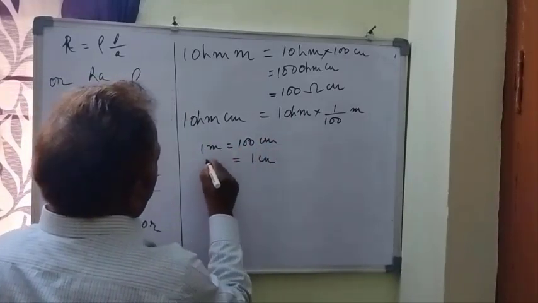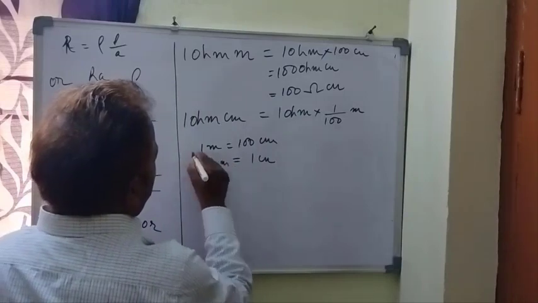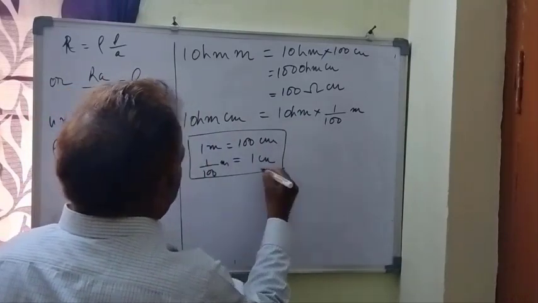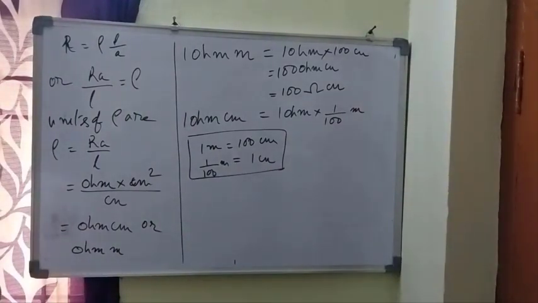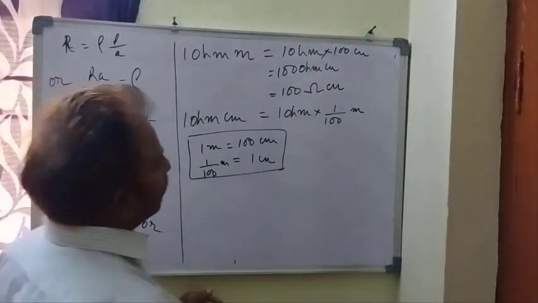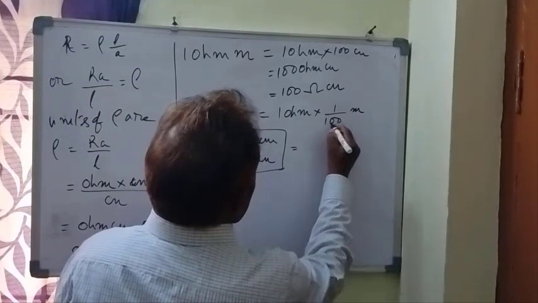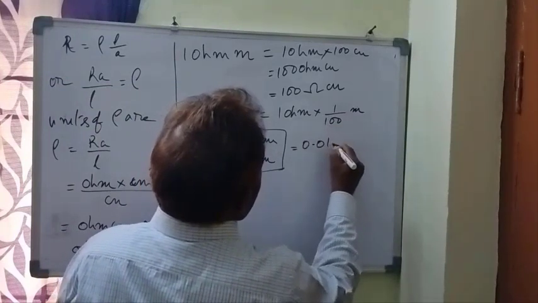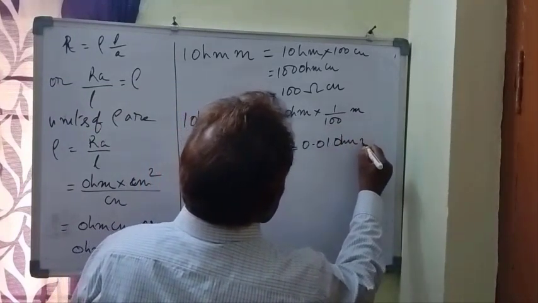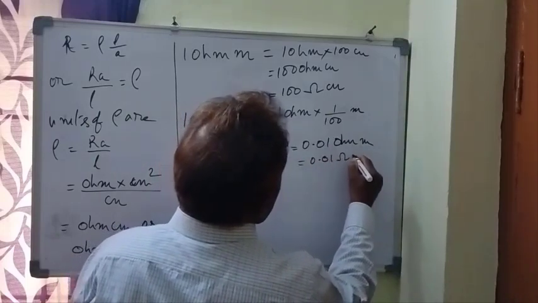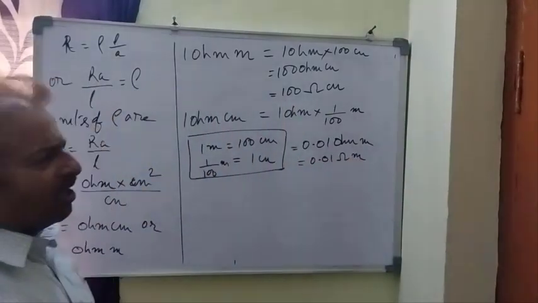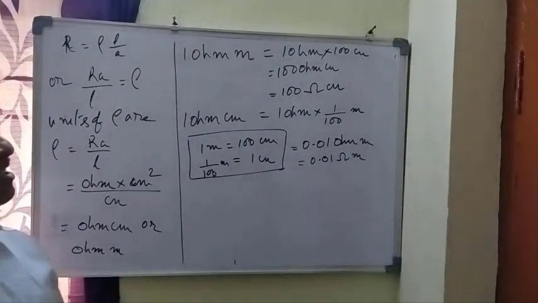So keep this in mind. Using this, we get 1 ohm centimeter equal to 1 ohm into 1 by 100 meter, which is 0.01 ohm meter. So these are the units of specific resistance.